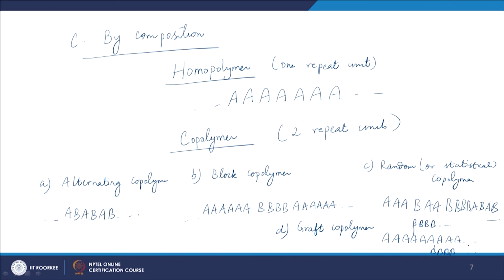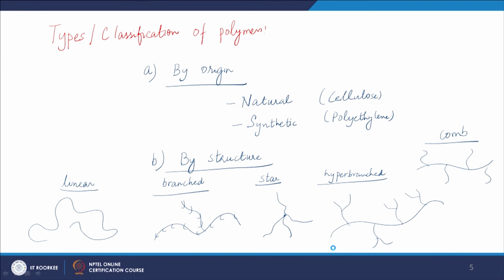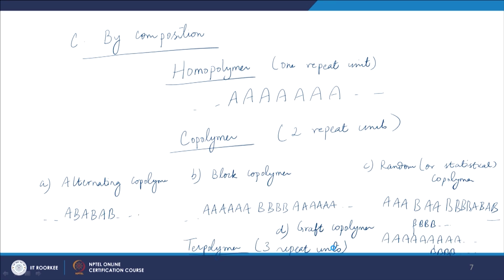Just like we have a copolymer, we can also think of a terpolymer, which will have 3 repeat units. Okay. So, finally, I looked at the classification by origin, classification by structure, and then classification by composition, and then there is a last one where we look at the classification by phase.